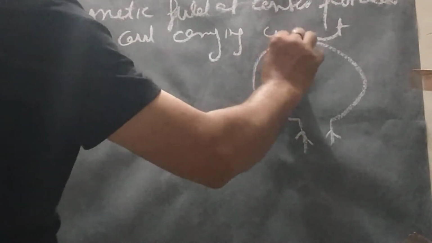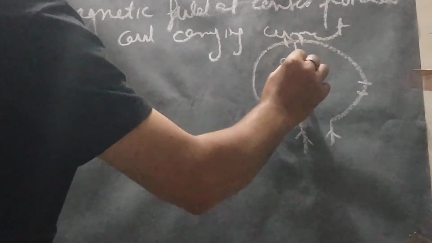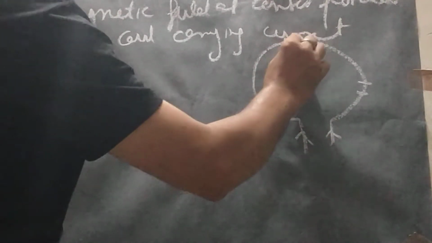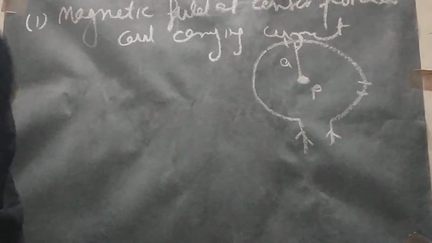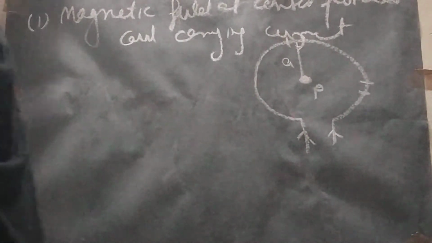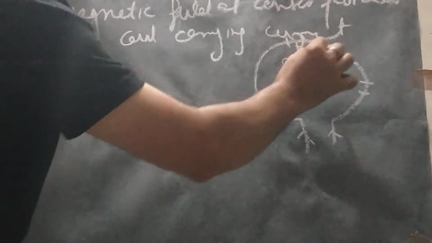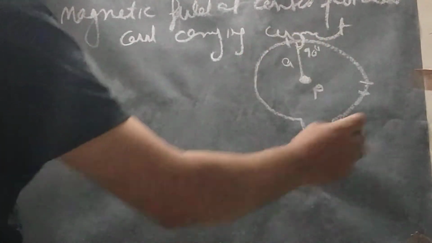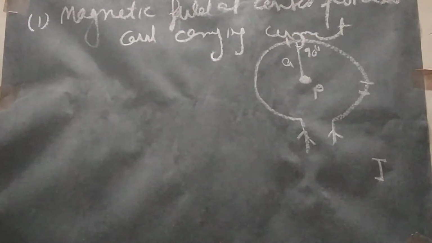The current element is lying somewhere here or here; we can take it anywhere. The angle is between the current element and the distance r, the perpendicular distance from the point where we have to find the magnetic field. For the magnetic field at the center of a circular coil, this angle is 90 degrees, which the current element makes with the center, and we use this angle between the current element and the perpendicular distance from the point.